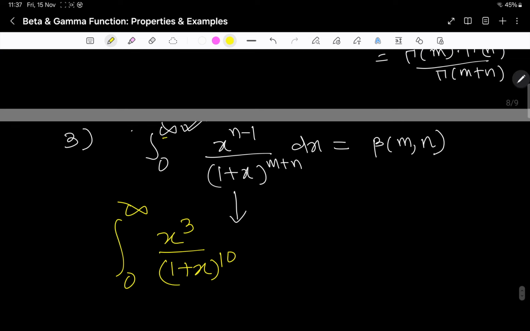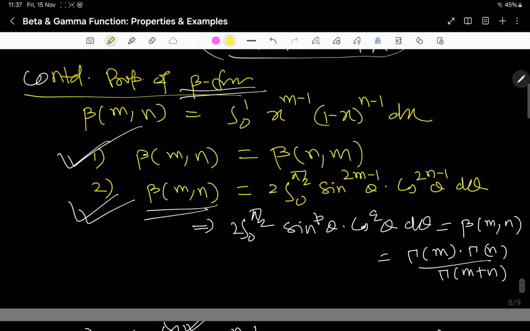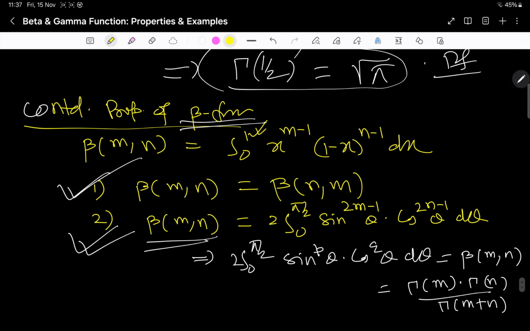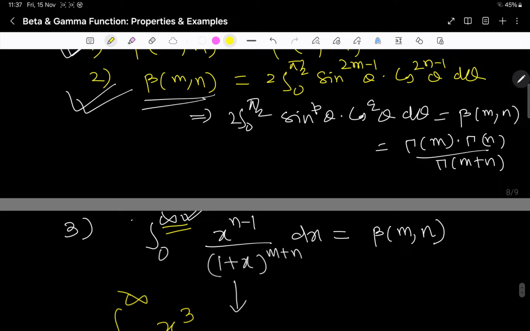You see this is infinity, and in the properties of the beta function this limit is 1 here. However, we can establish it.